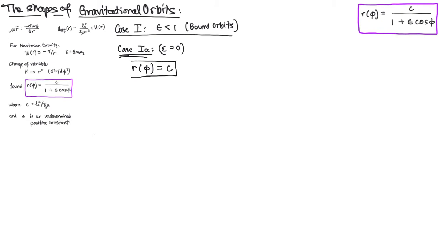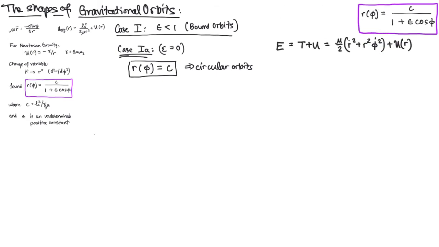That tells you that r is a constant independent of angle. Okay, so the two bodies are always the same distance apart. These correspond to circular orbits at constant separation.